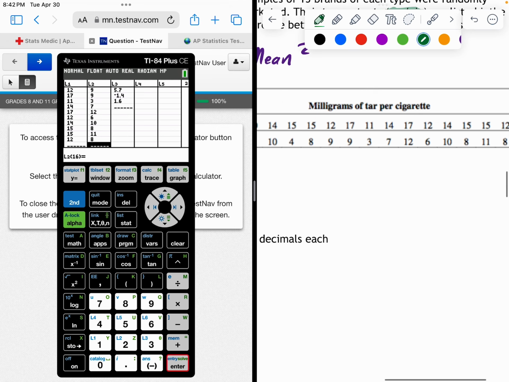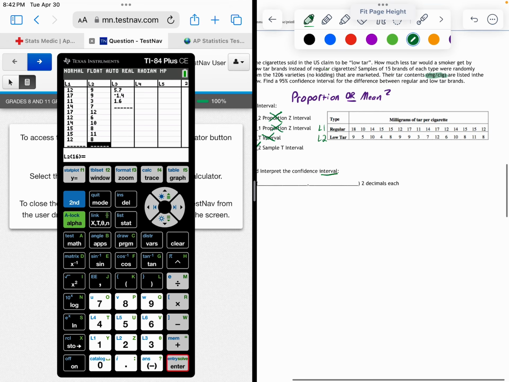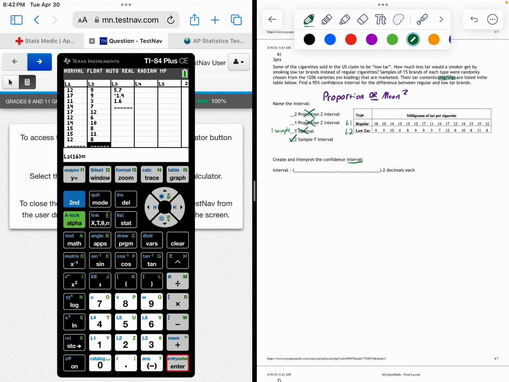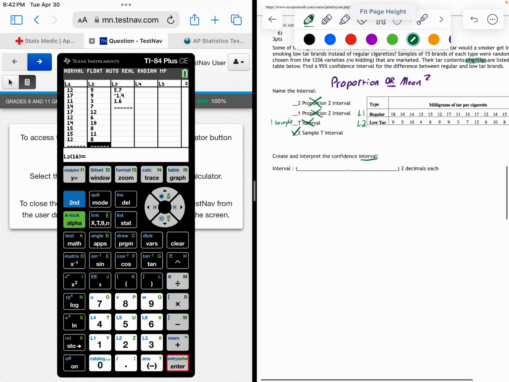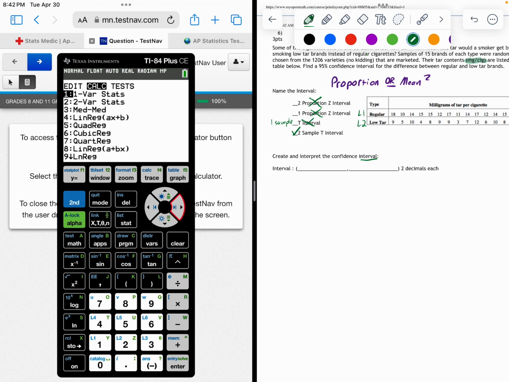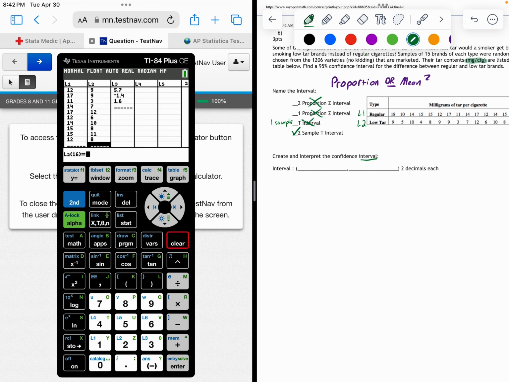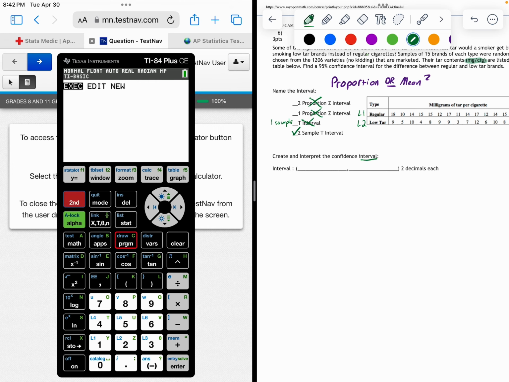All right, I think I've done that well, but I don't have to type it into the bottom, so I'm just going to roll with it. Create a confidence interval. So here we go. Stat tests. I want 2 sample T interval. There it is.